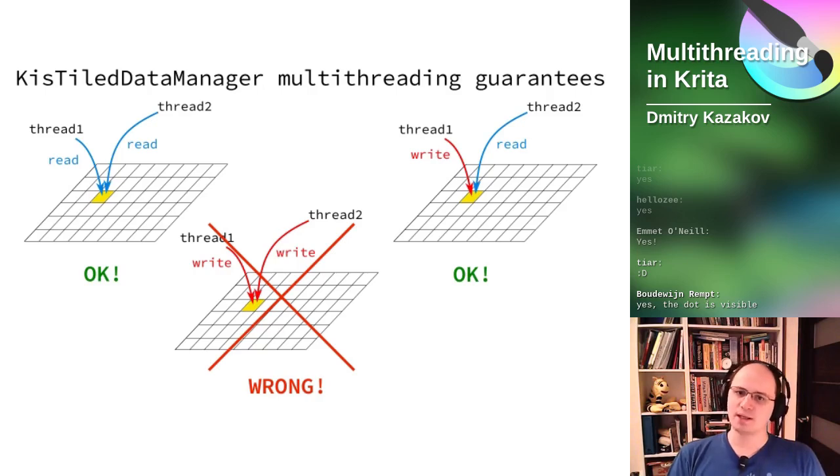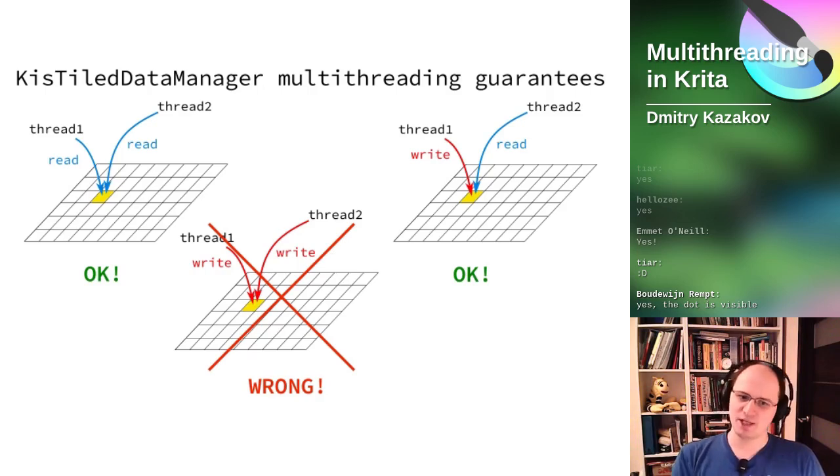The problem is that the data manager that stores data, which handles swapping on the hard drive, lazy copying, and all that, this data manager cannot catch this situation when two threads are writing to the same area, and it cannot work around it even. So if you try to write into the same pixel, you will most probably get a crash.